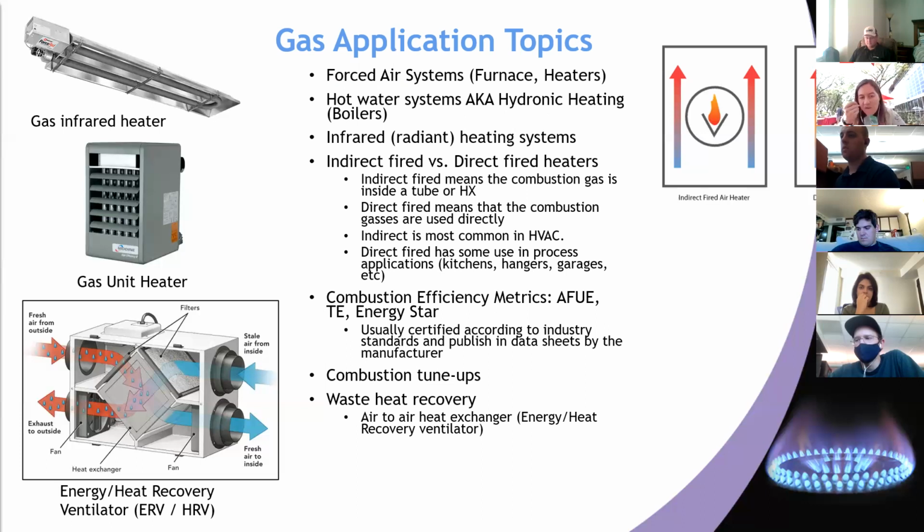And because those standards are universal, it's a pretty good way to compare one boiler to another. AFUE is a similar efficiency metric for furnaces. So if you're comparing two furnaces and one has a higher AFUE, that means it will be more efficient, that it will put out the same amount of heat with less input gas.